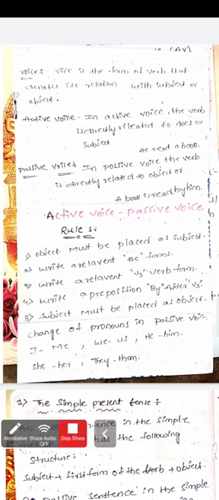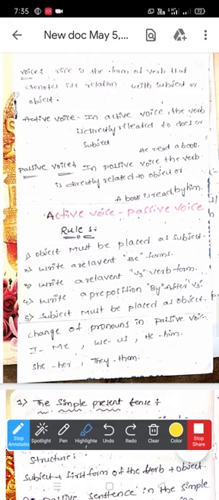What is the meaning of active voice? In active voice, the verb is directly related to the doer, or subject. What is the meaning of passive voice?